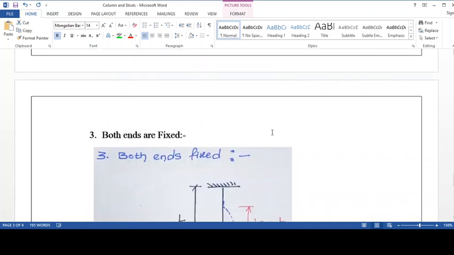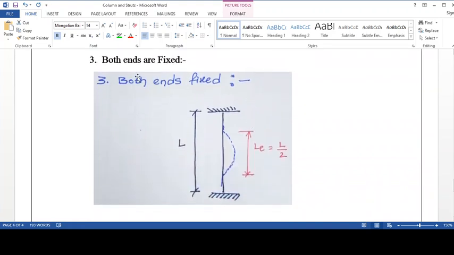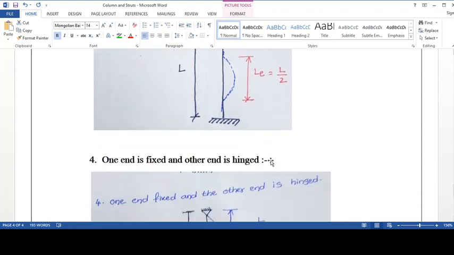Third one, both ends are fixed. You can see here the top is fixed and the bottom is also fixed. In that case effective length LE is equal to half of the normal length, that is L by 2.